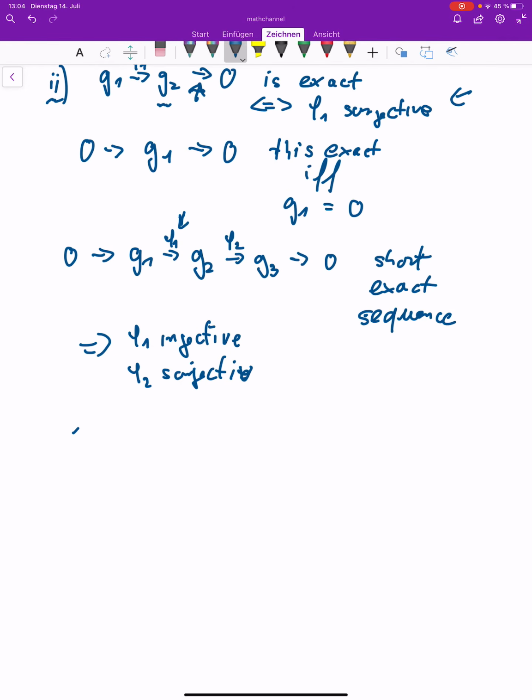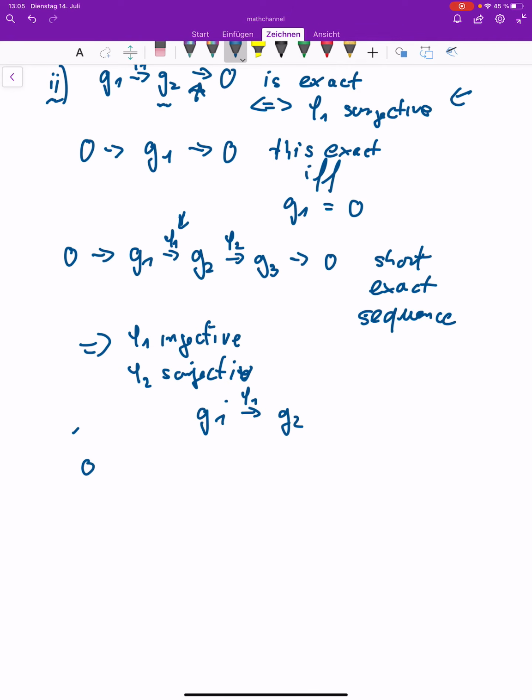Both are, well, you could call them cheating, because we could just do the following. Let's say we have some homomorphism phi1 from some group G1 to some group G2, and now we want to have a short exact sequence.